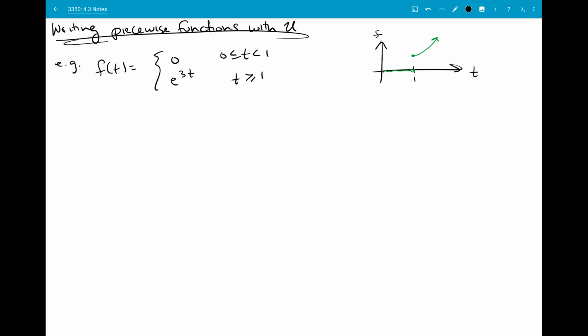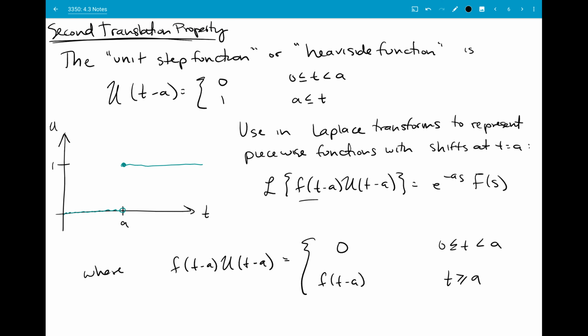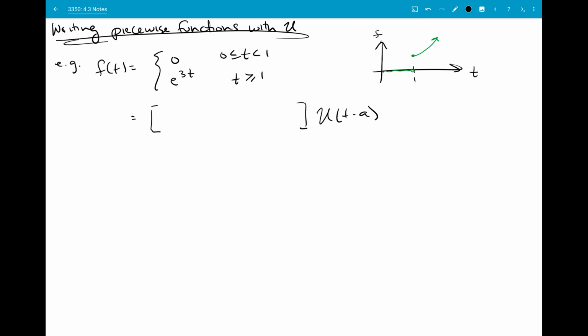And what we want to do is use this u of t minus a to represent it in a new way. That bracket was a little tall. So I want it to look like something that I know how to take the Laplace transform of. So I have to multiply something by u of t minus a that represents this f of t.